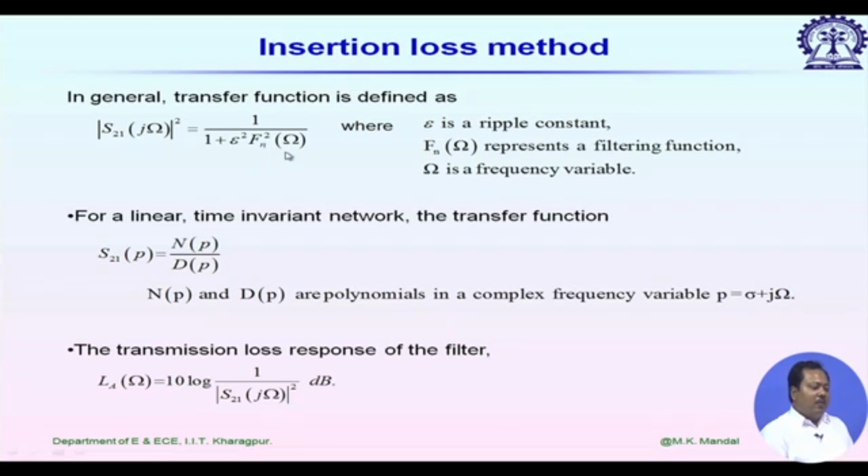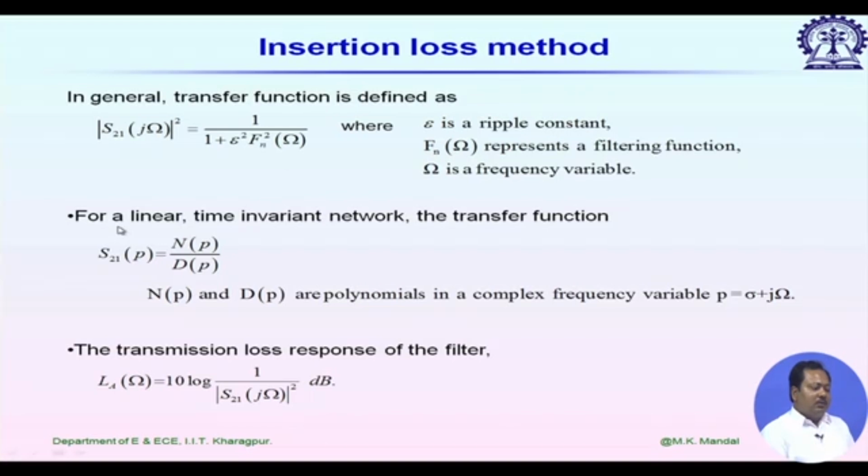Here capital omega is a frequency variable. For now you can consider capital omega equivalent to small omega, and epsilon is a ripple constant. We define different functions for Fn, and accordingly we name the filters differently, like Butterworth filter, Chebyshev filter, elliptic filter.